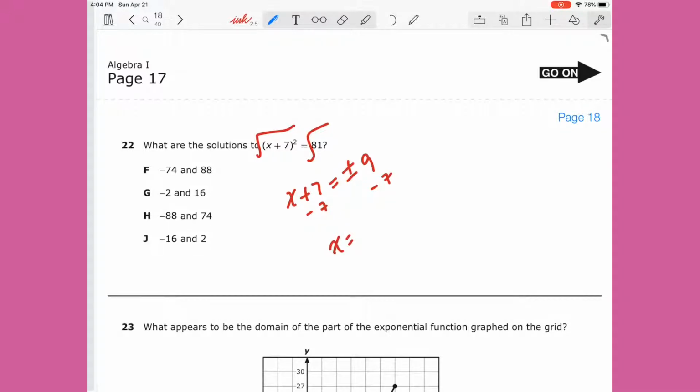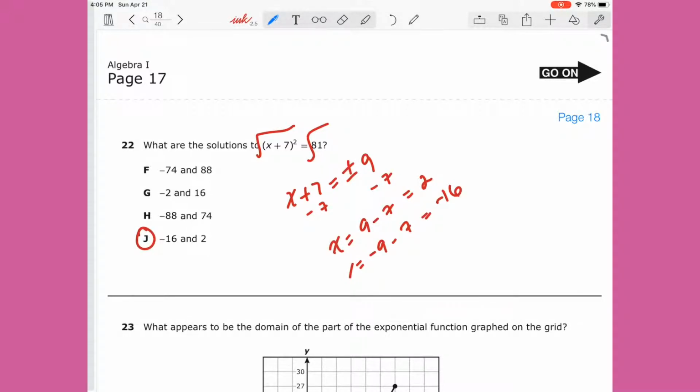That's going to give me x is equal to 9 minus 7, or x is equal to negative 9 minus 7. 9 minus 7 is going to give me 2. And negative 9 minus 7 is going to give me negative 16, which is my answer choice, J.